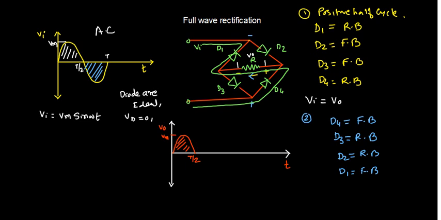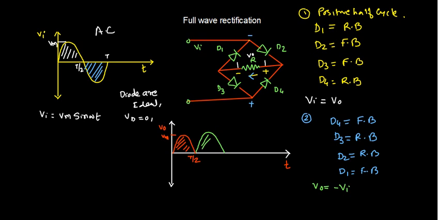Okay, so this is how once again we will get current moving in the similar direction as in the positive half cycle, in the negative half cycle also. So we will get the similar output, but it is inverted. V output equals inverted V input.